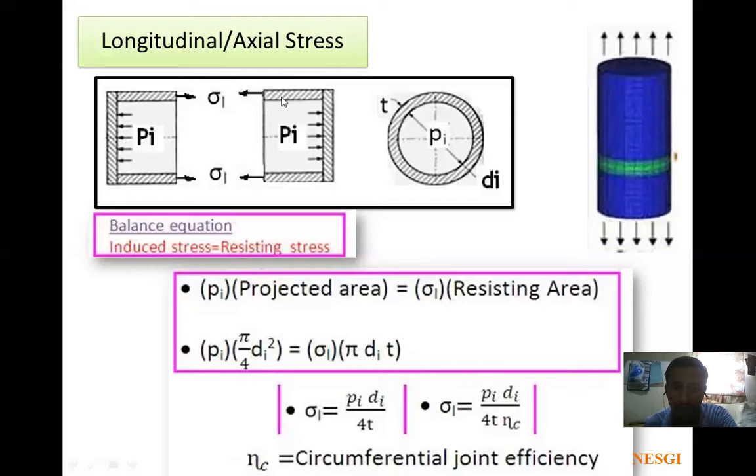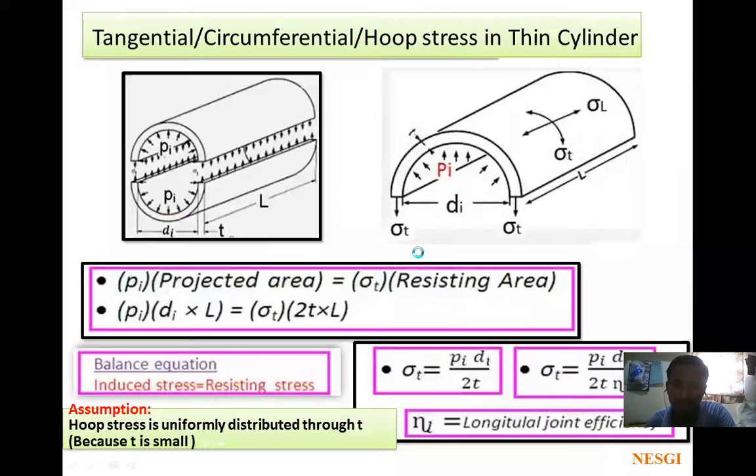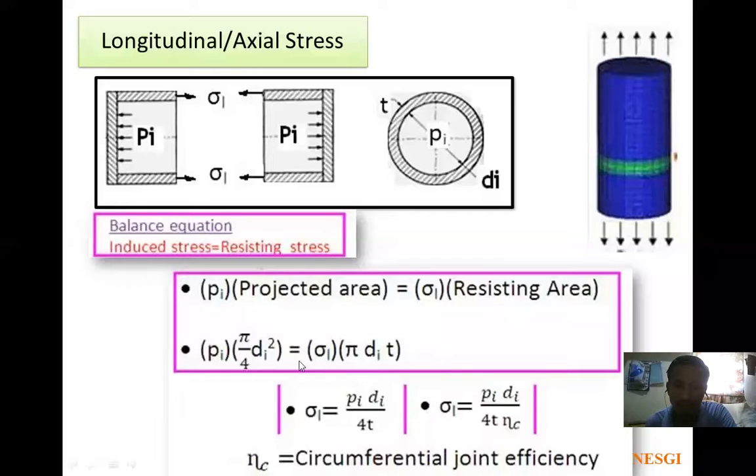Resisting area means the cross section, which has thickness t. We can write this cross section as pi di into t, or otherwise pi by 4 into outside diameter square minus inside diameter square. If you simplify that, you will get pi di into t. So again, if you simplify, you will get sigma L is equal to pi into di by 4 times t.